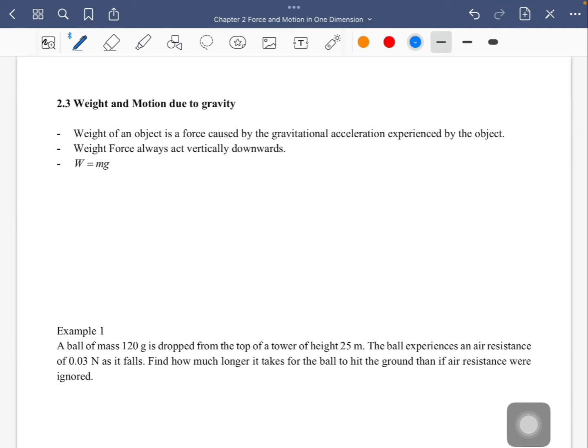Now let's see the definition of weight. Weight of an object is a force caused by gravitational acceleration experienced by the object. Very simple.